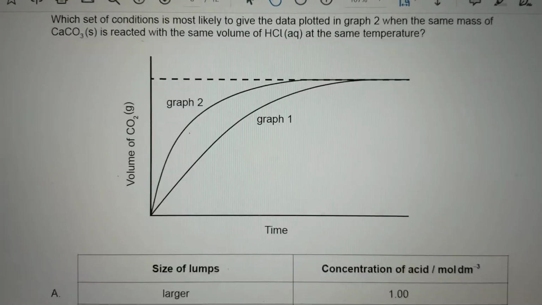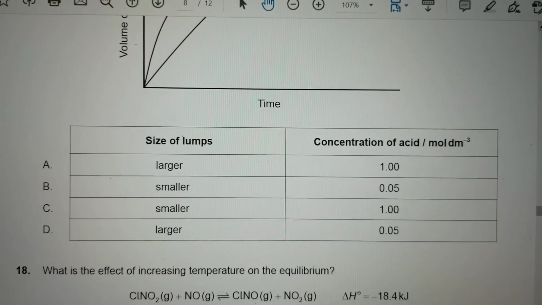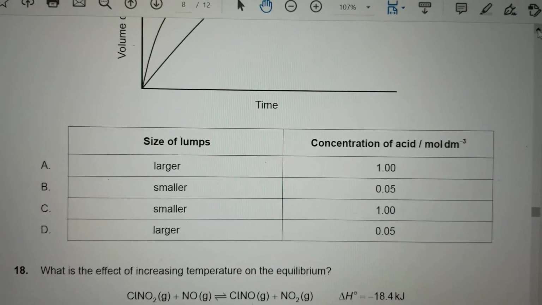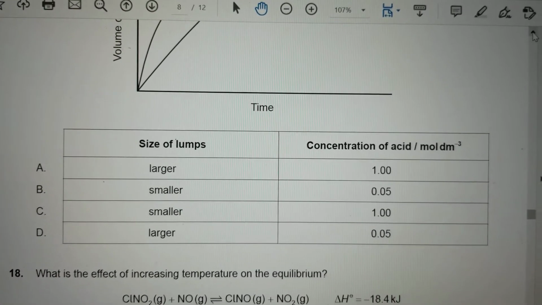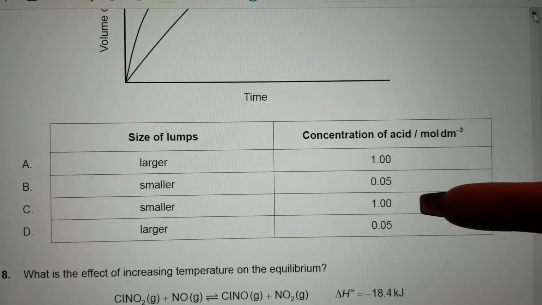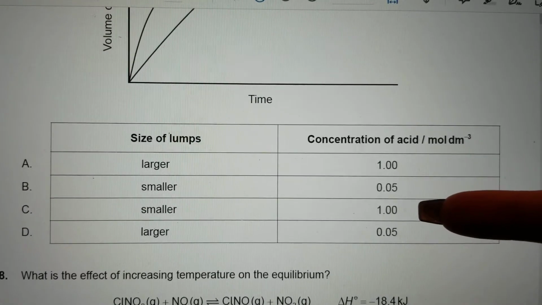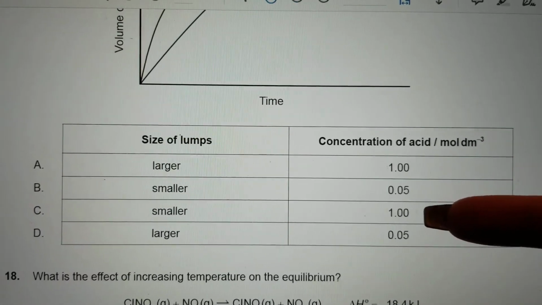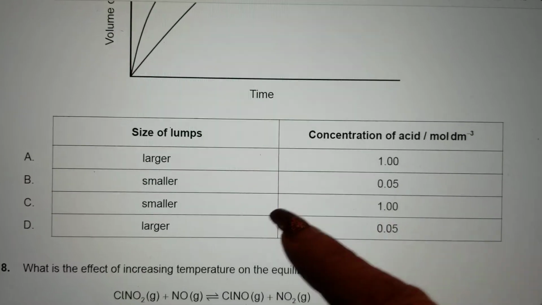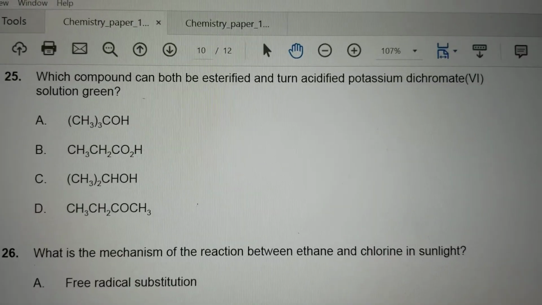Of the options listed, smaller lumps mean greater surface area, so that narrows it down to either B or C. Then the higher concentration of the acid, 1.0, is going to make the reaction go faster. So the correct answer there is letter C: smaller lumps and higher concentration of the acid.